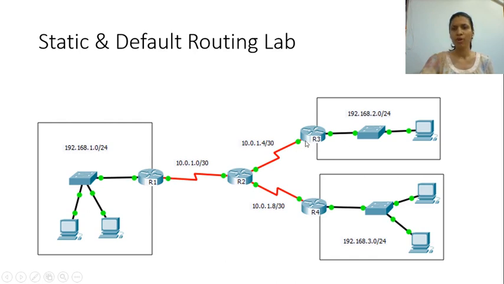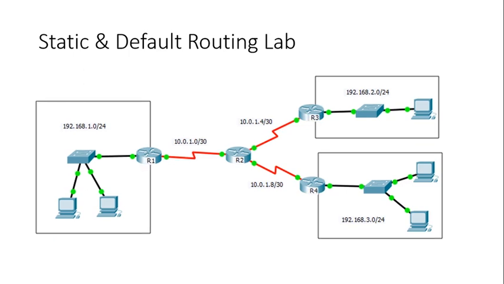If you have a stub network, you can configure default routing, or you can also configure static routing. Both are possible. So in this example, we will configure static routing on R3, R2 and R4 and default on R1.